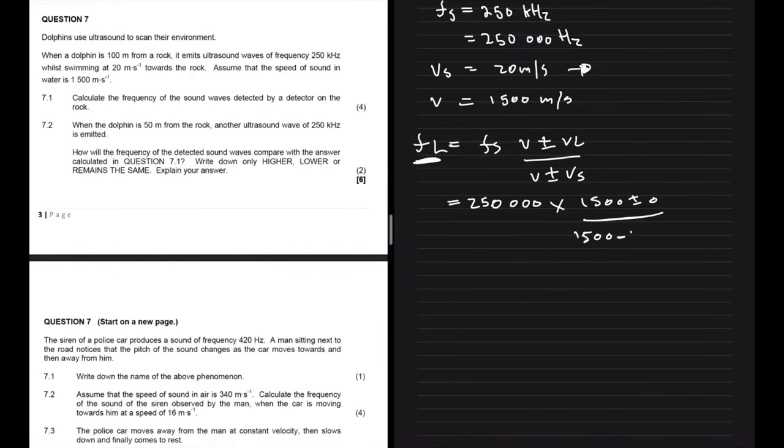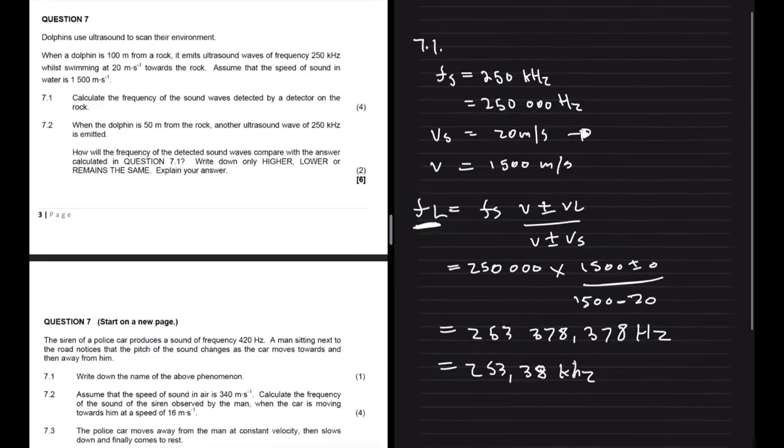So we're going to have 1,500 minus 20, and now it's just a matter of putting that into your calculator. 250,000 multiplied by 1,500 divided by 1,480, and that's going to give us 253,378.3784 hertz, which you can convert to kilohertz, and then you're going to have 253.38 kilohertz. That's it for this question.